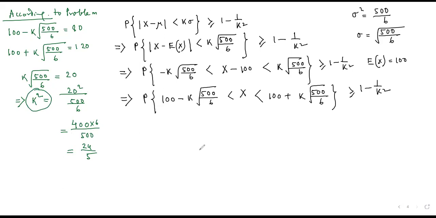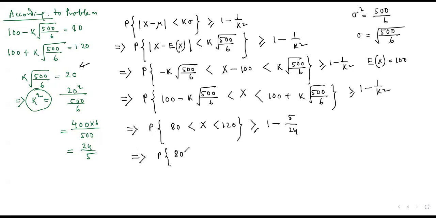Now, for this value of k, we can write 80 and 120 inside, and on the right hand side we put the value of 1 minus 1 by k square, where 1 by k square is 5 by 24. Thus the lower bound for x lying between 80 and 120 comes out to be 19 by 24.